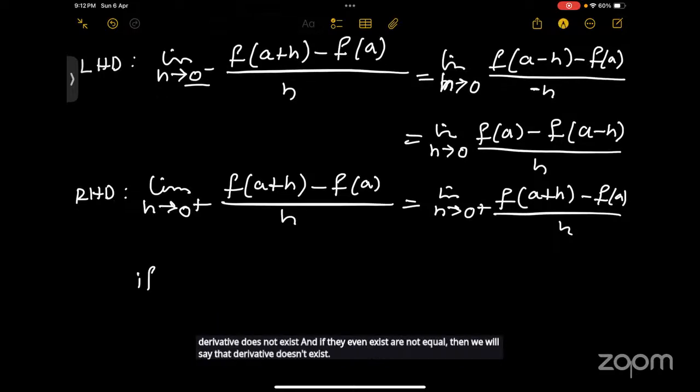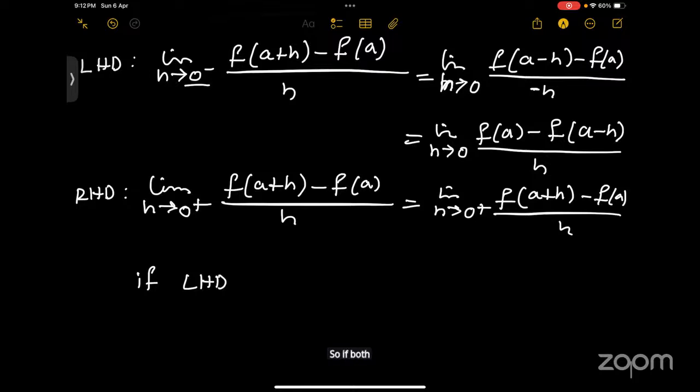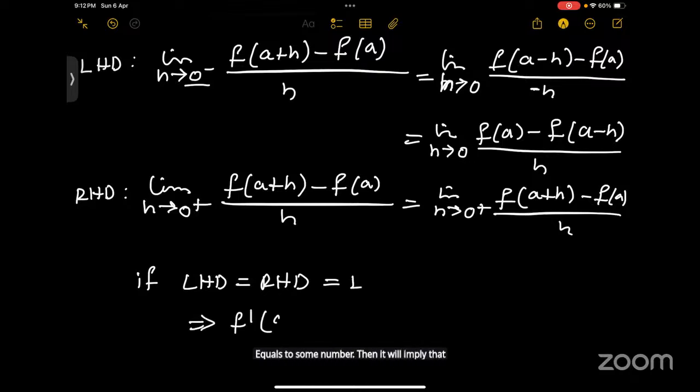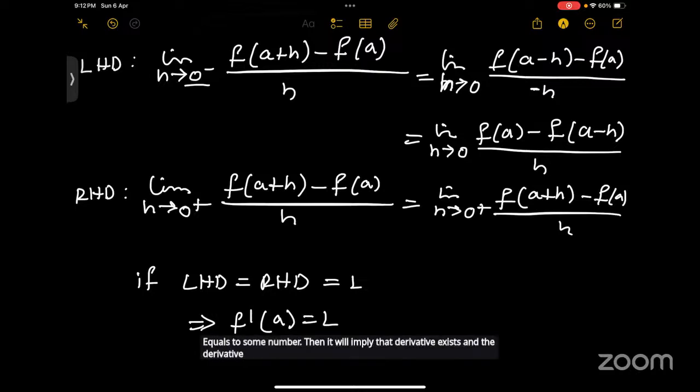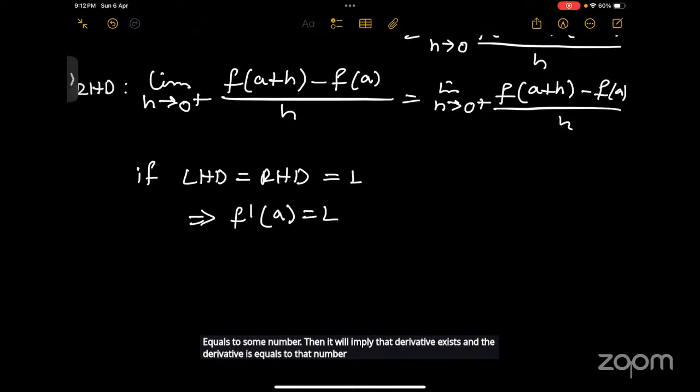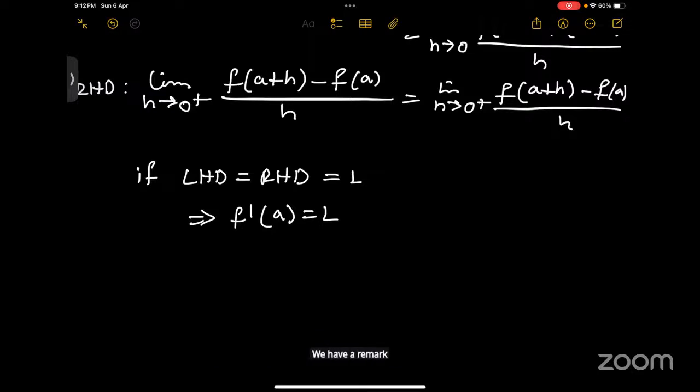So if both are equal to some number, then it will imply that derivative exists and the derivative is equal to that number, right?